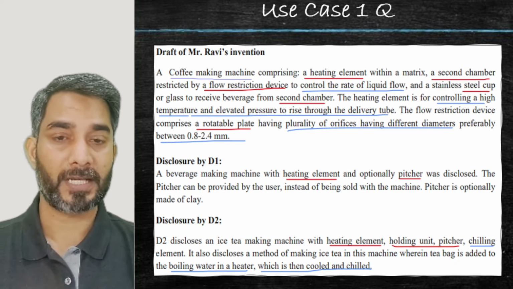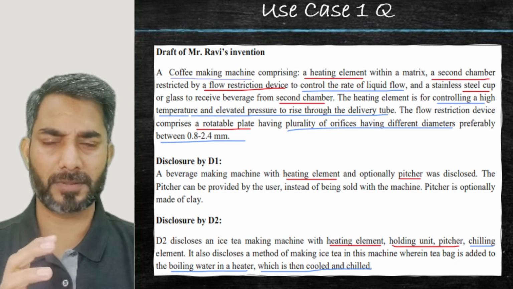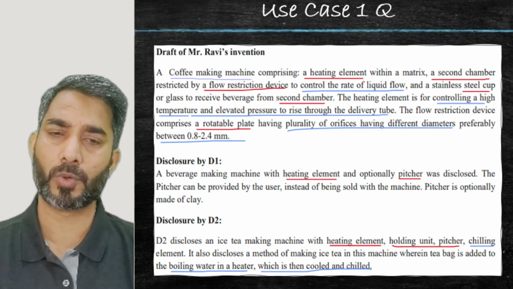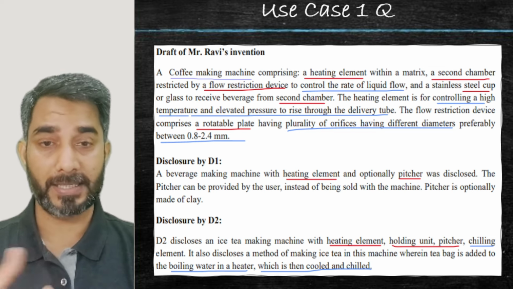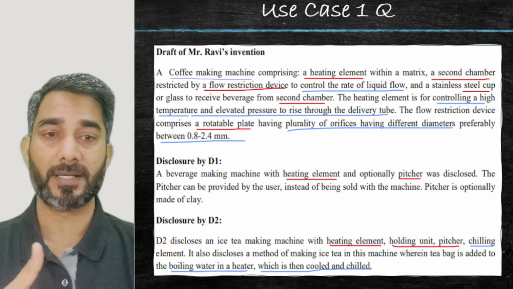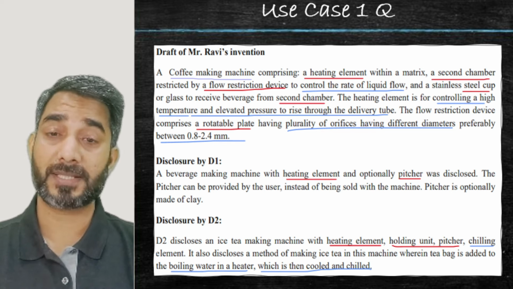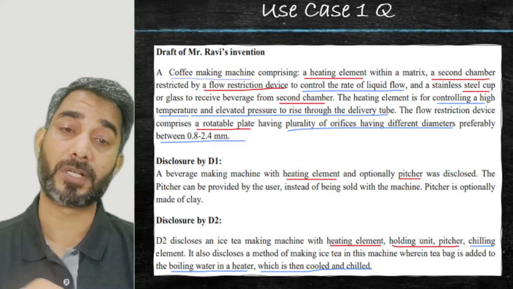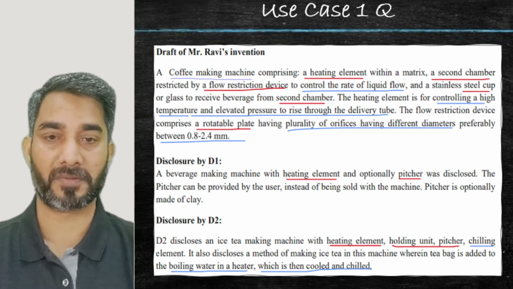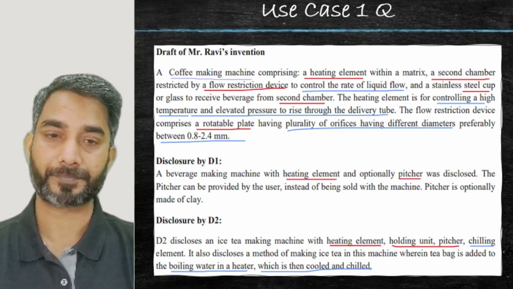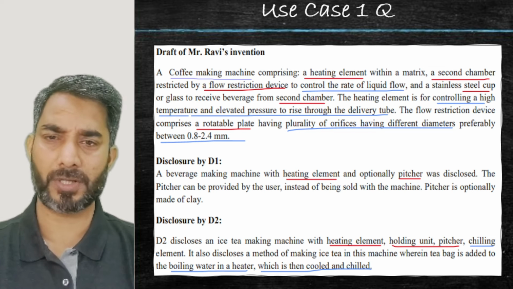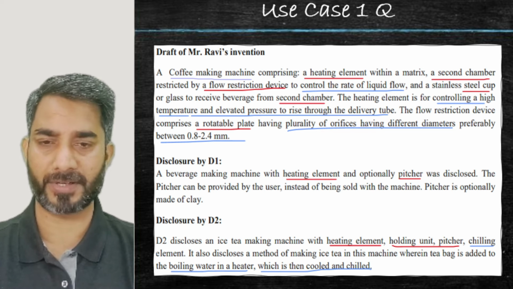And in fact, a heating element, in the common way, would only be used for heating. But in our case, it is given to us that the heating element can control high temperature as well as elevated pressure to rise through the delivery tube, maybe to deliver the coffee there. So we know that D1 is not teaching everything that our invention has.